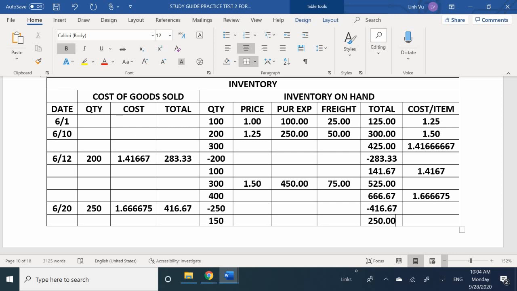Yes. Okay. So then now my average cost per item is going to be the same.